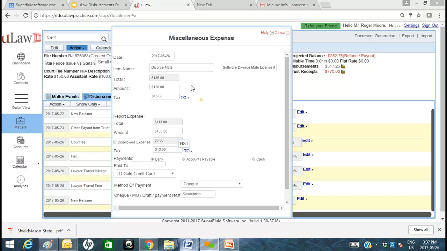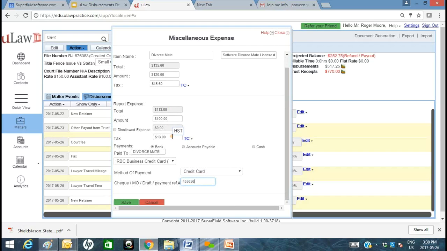So let's say you only incurred $100 plus the 13% tax, and you, as a business, paid out of your credit card. So there is a markup of about $20, right?